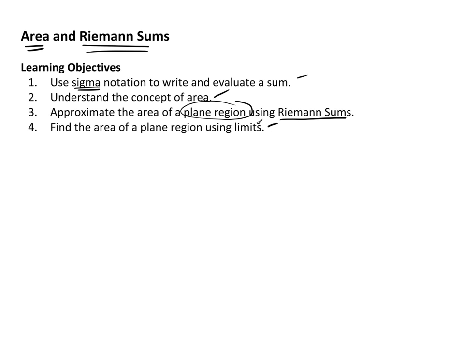Okay, so if you go back at what we've done, we know that a derivative results in the instantaneous rate of change in a curve. So if I take the derivative of f and I'm looking at it at a specific value, say at a, I know that the value of the derivative at a gives me the slope of the tangent line, which is the instantaneous rate of change in the function.